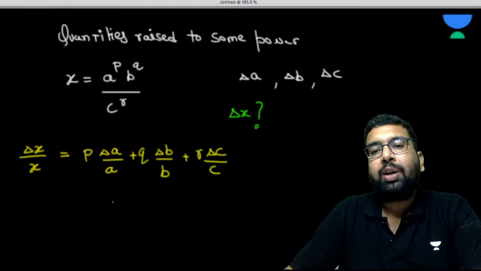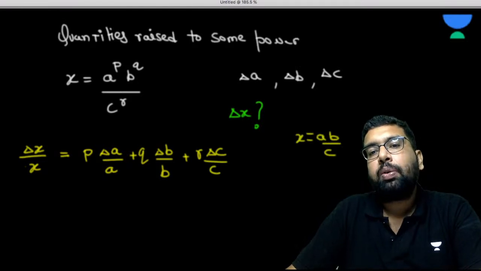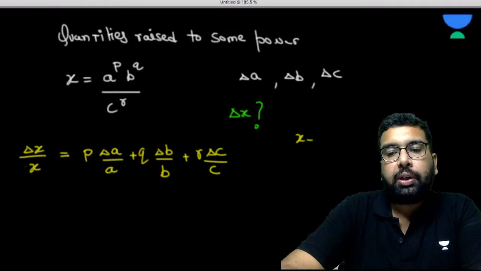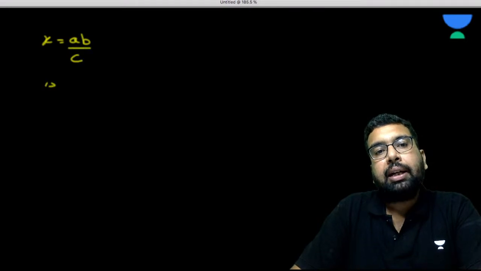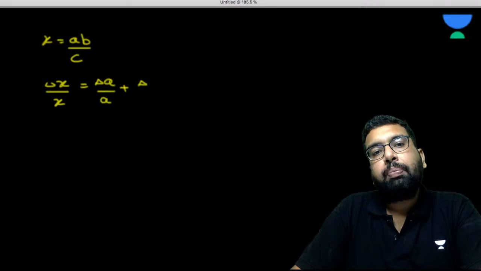If it were written like x is equal to ab upon c, then delta x upon x is equal to delta a upon a plus delta b upon b plus delta c upon c.